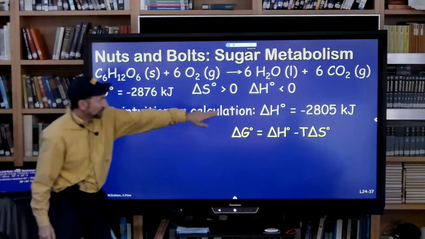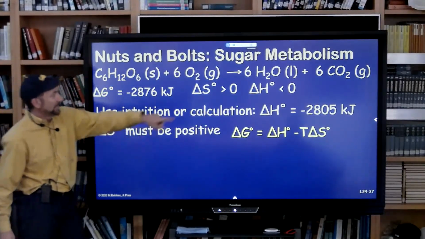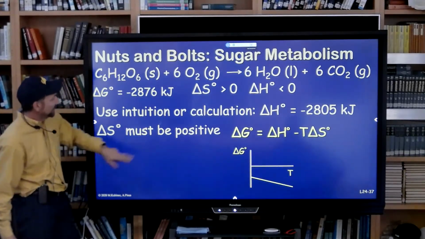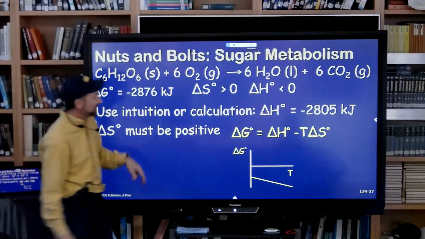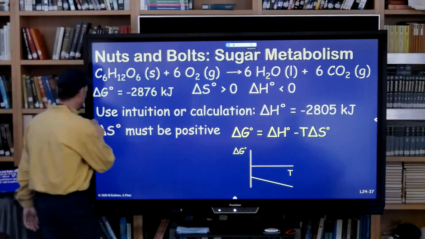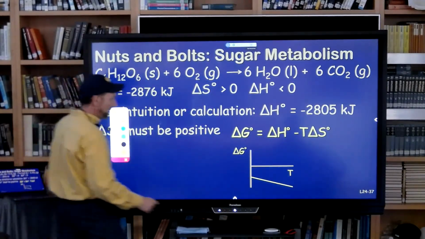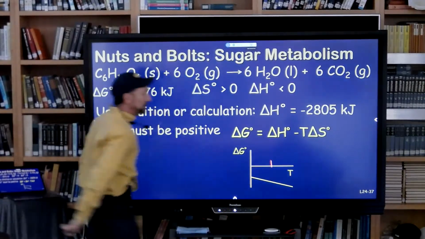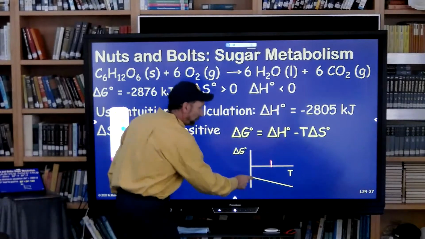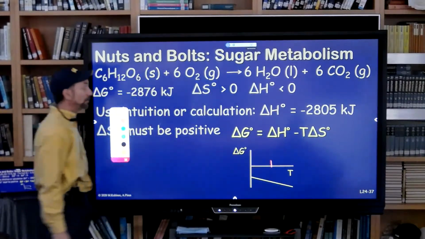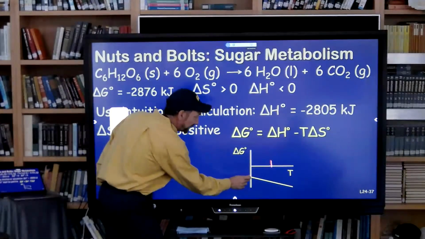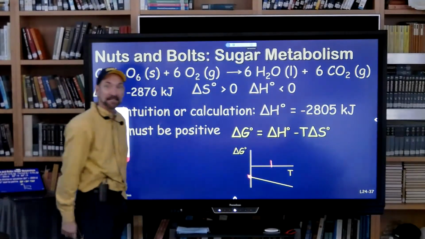Use intuition or a calculation to get delta H. Delta S must be positive because the reaction is spontaneous, at least at the temperature. So delta H standard at room temperature, we found that to be negative. We're looking at the other temperatures, but we know it's spontaneous at all temperatures because delta H is the intercept, and that's negative.